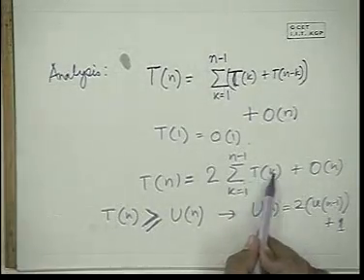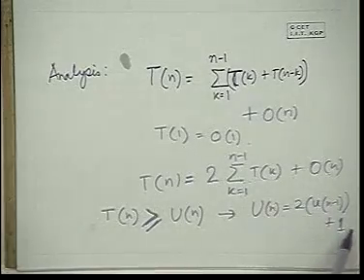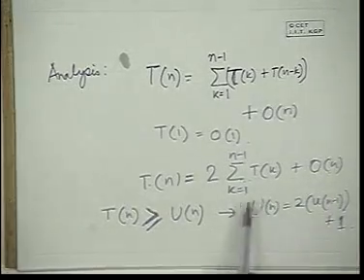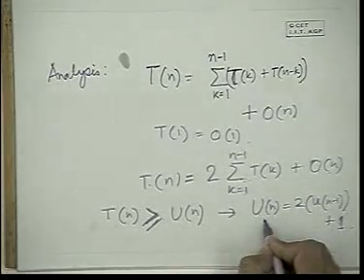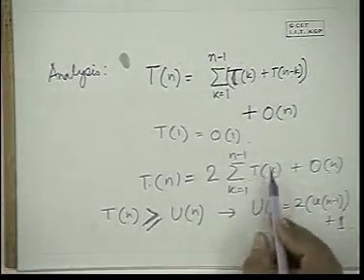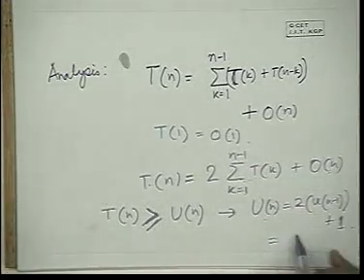Instead of taking all the terms, I have taken only the last term, and I have replaced order n by order 1. So T(n) must be greater than this. But even this function U(n), where I have discarded so much, is so bad that we cannot hope for a good solution, because this will give you something like 2 to the power n.